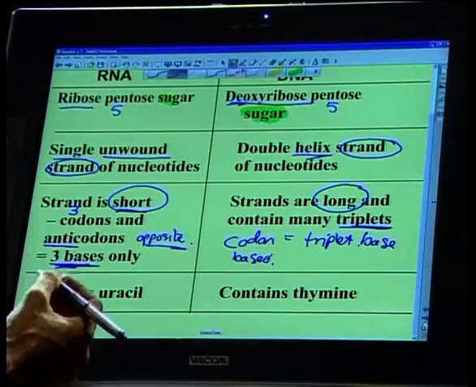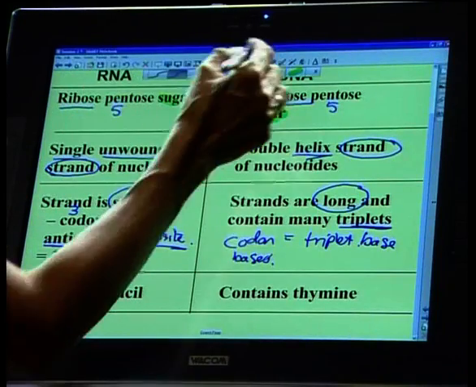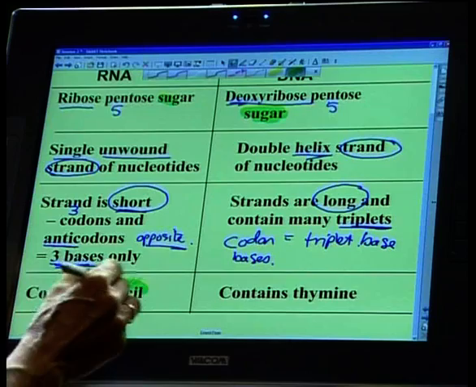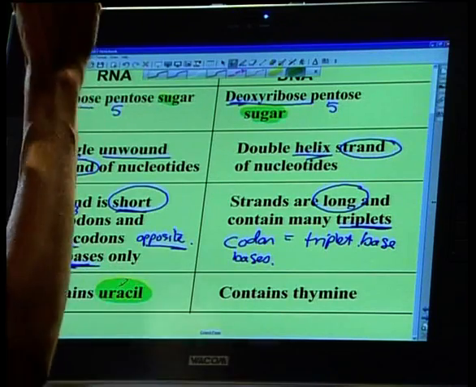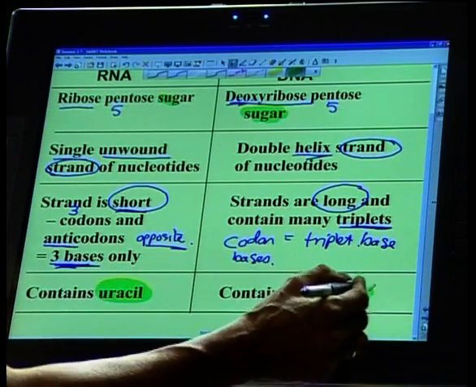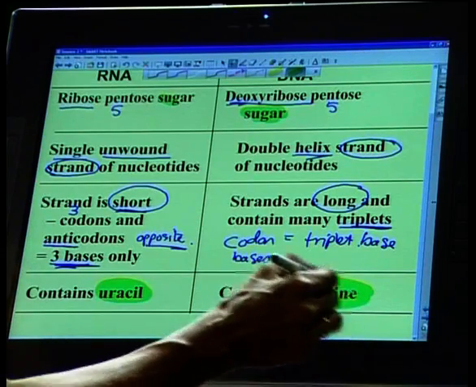So codon 3 pieces, and what is the biological term for 3 is tri. So a triplet. And RNA always contains uracil, and DNA in place of uracil will always contain thymine.